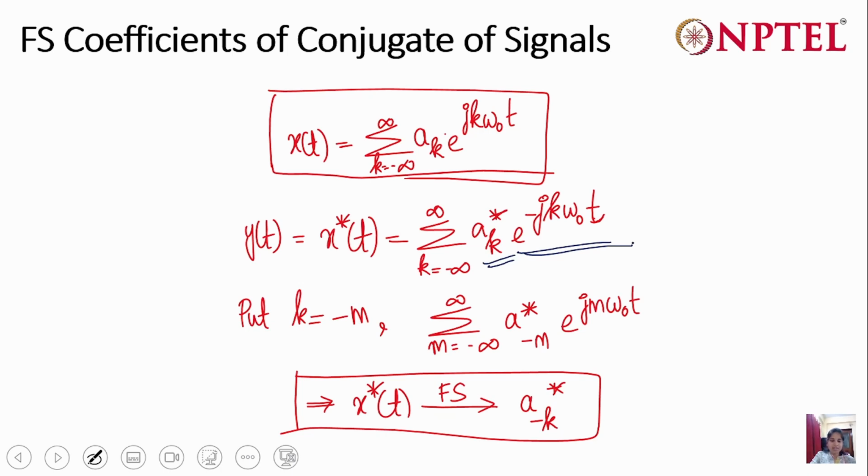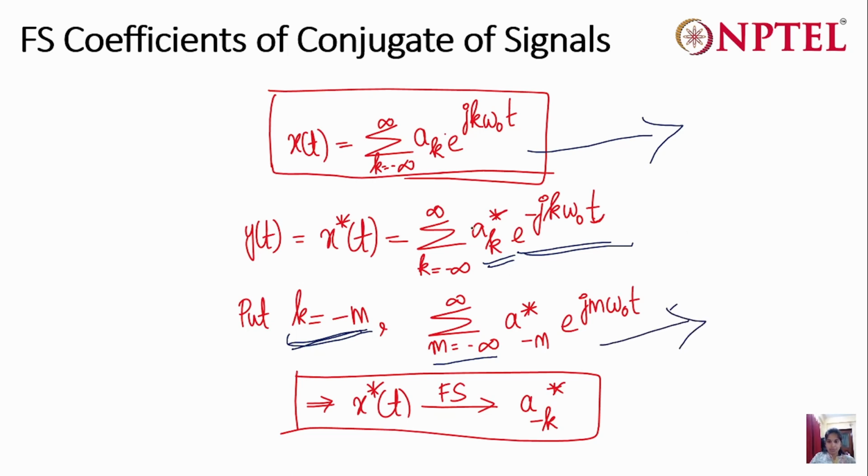Now if I follow the same strategy, I put k is equal to minus m. Now this summation goes from m is equal to minus infinity to infinity of a minus m conjugate e power jm omega naught t. So I have to compare this and this. What I can see is that the Fourier series coefficient of x conjugate of t is a minus k conjugate.